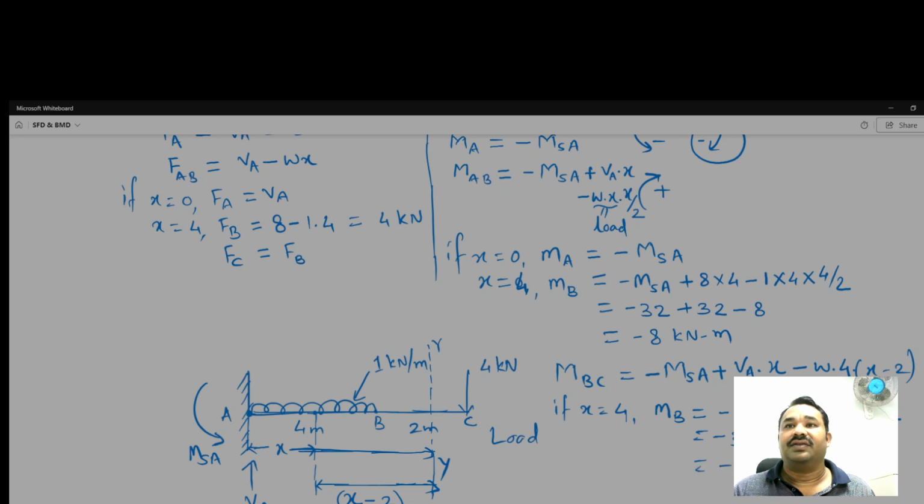Okay, so we are getting the same, so it is verified here, means our equation, this one equation is correct.